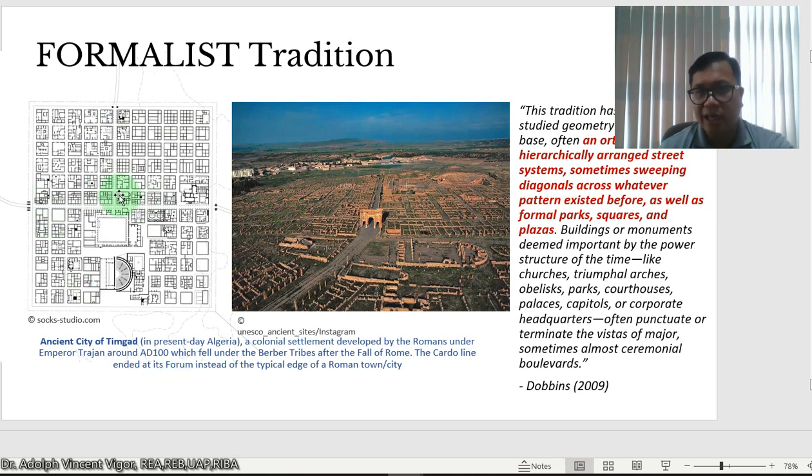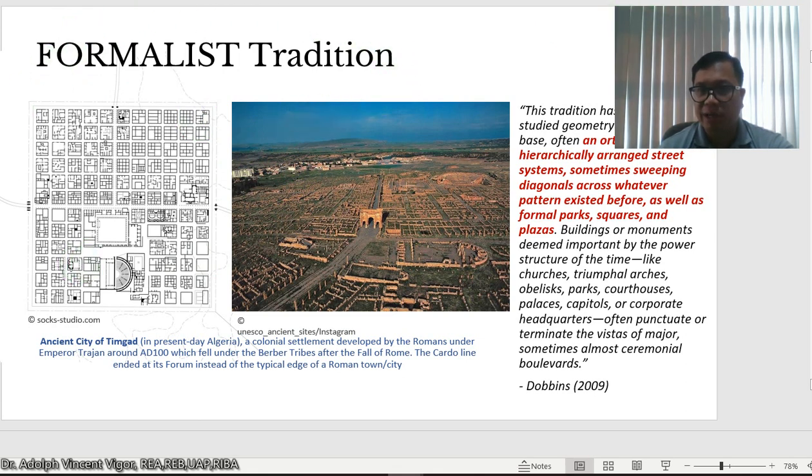It has a grid-like pattern. The Romans designed it this way so as to project the stability of the Roman Empire. That's why the designs of their cities are more formal, because they wanted to convey how strong and powerful the Roman Empire was.